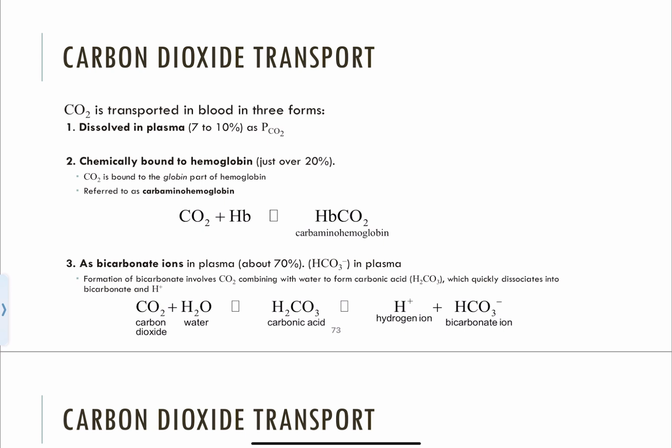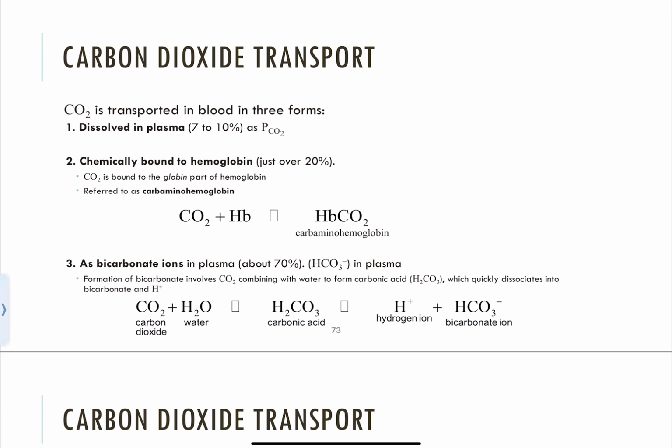About 20% or a little over 20% of carbon dioxide can be found chemically bound to hemoglobin in the red blood cell as well. If we have carbon dioxide bound to the erythrocyte, bound to hemoglobin, then we refer to it as carbaminohemoglobin.